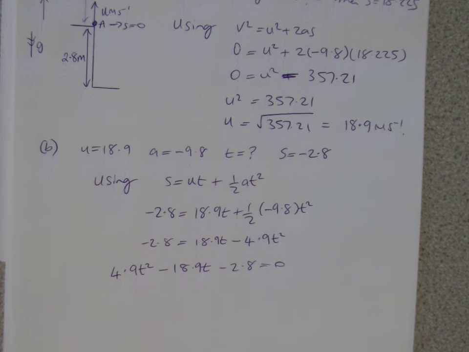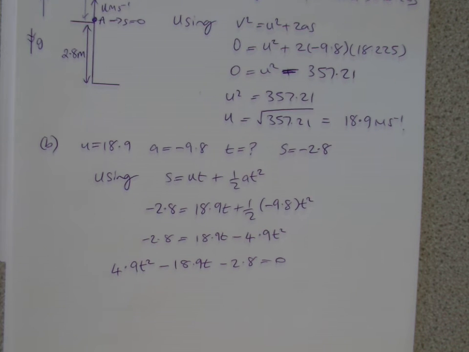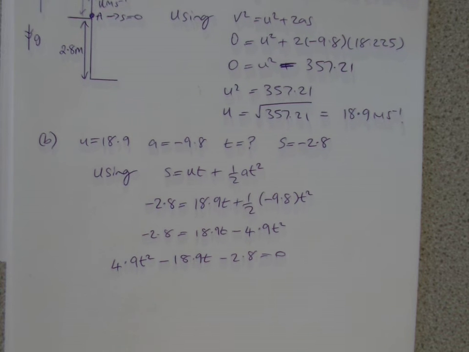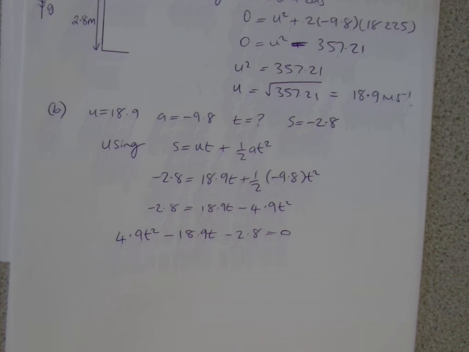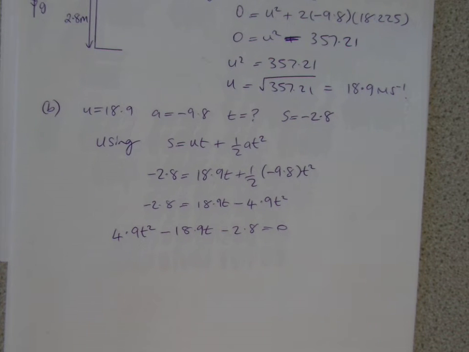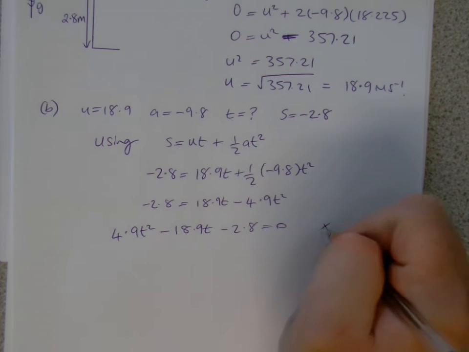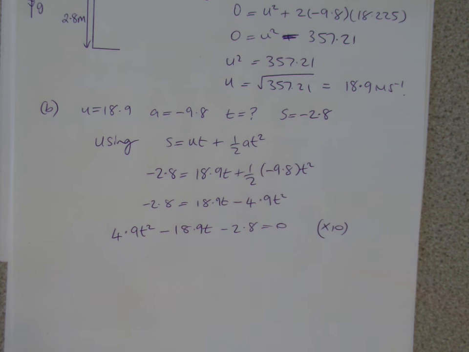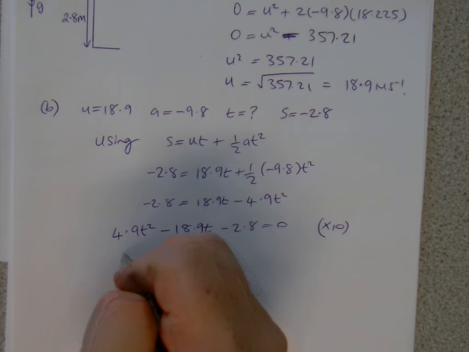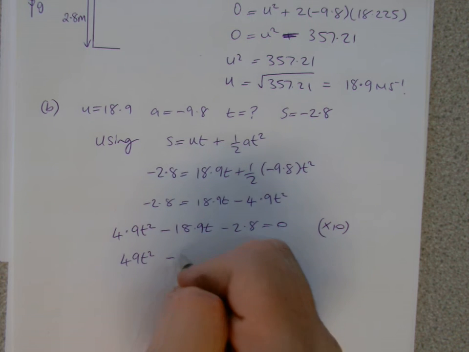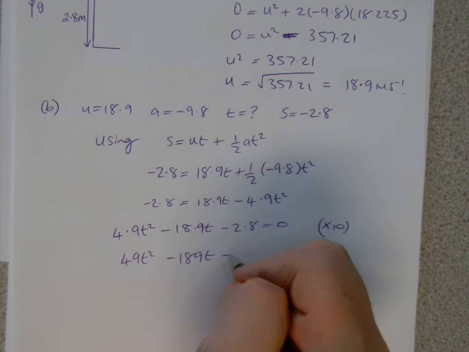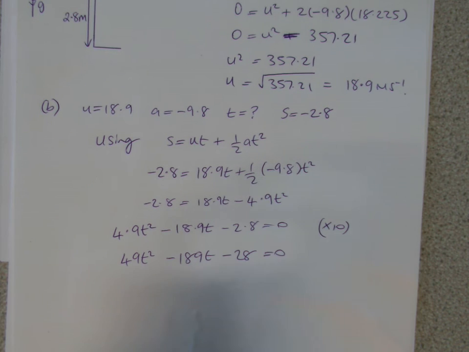Now we might be thinking about using a formula for this. Sometimes it's useful to see if we can find something that divides into it. If I times by 10, I get 49t squared minus 189t minus 28 equals 0, just to get rid of the decimal points.